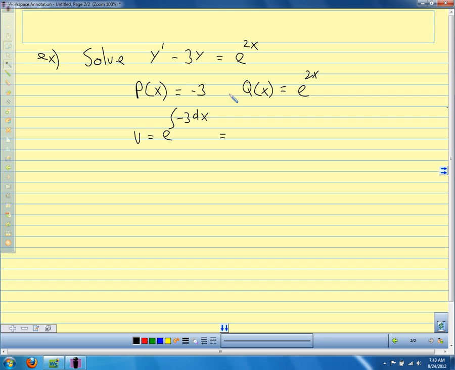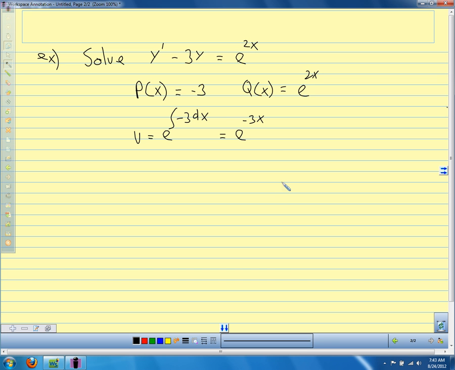We can conveniently ignore that constant of integration. It doesn't alter our solution. So when we evaluate this, we get e to the -3x. So our integrating factor is e to the minus 3x.